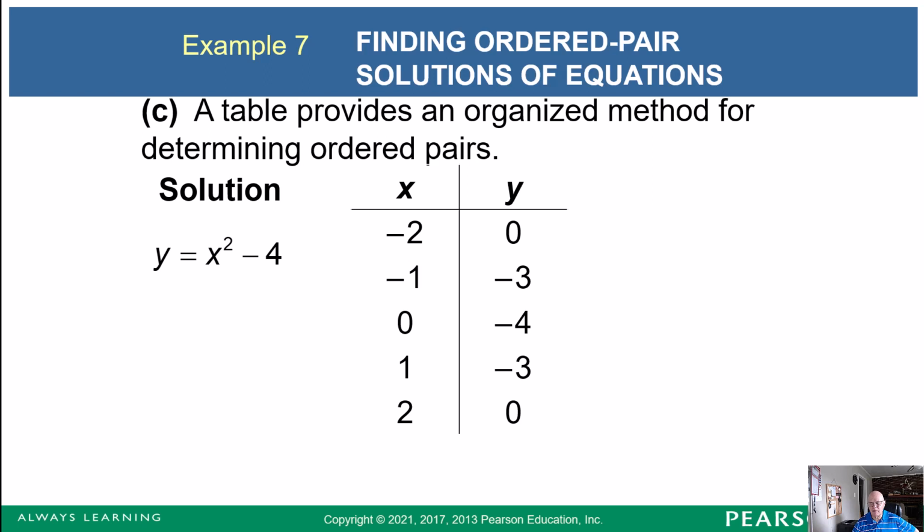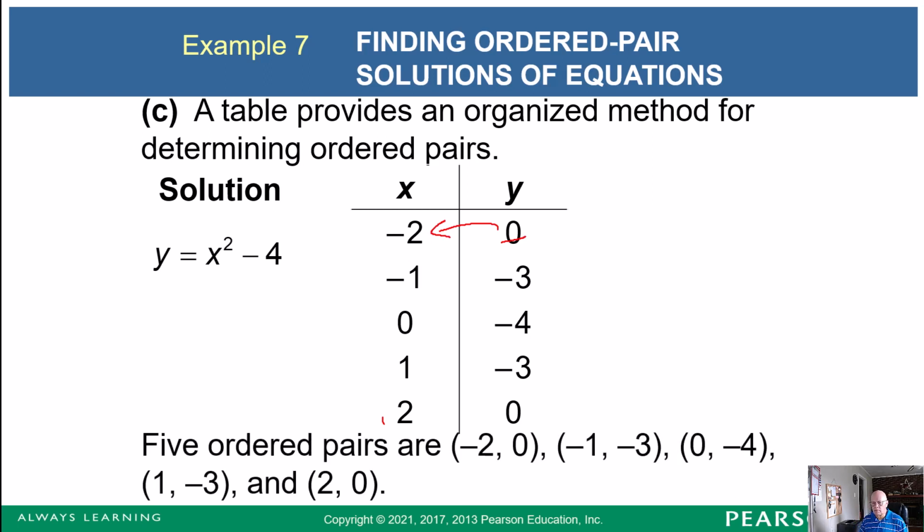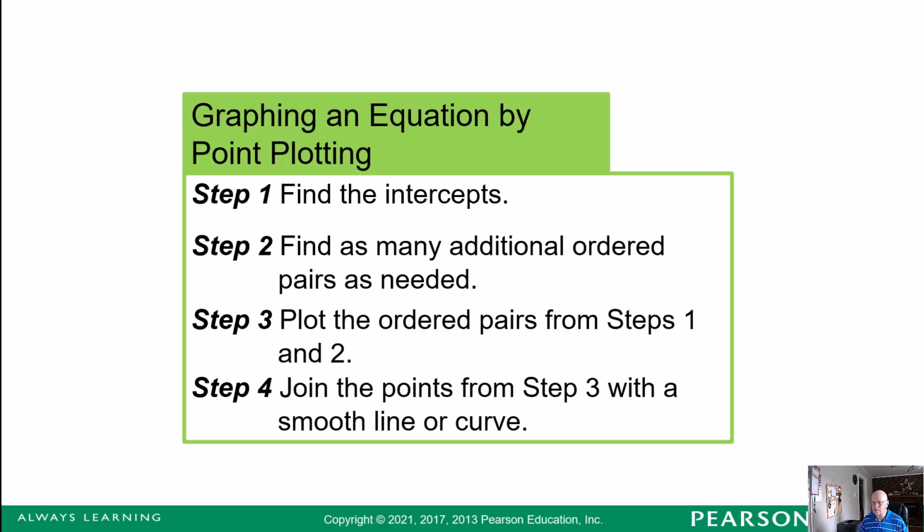Start with about 5 and then see if you need more to fill in so you can smooth the curve. Here are 5. Just choose any x's you want. Square, subtract 4, and you get the y coordinate that goes along with the x coordinate. There are your ordered pairs.